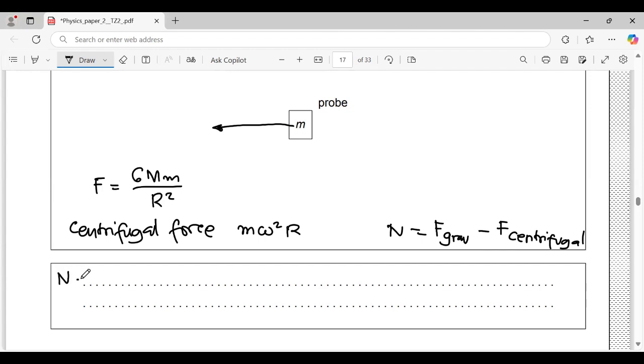So N will equal this fraction over R squared minus the centrifugal force, m omega squared times R. Or we can factorize, it becomes m times (GM over R squared minus omega squared times R). And that's what we wanted.